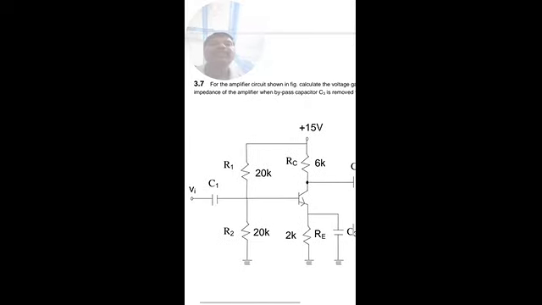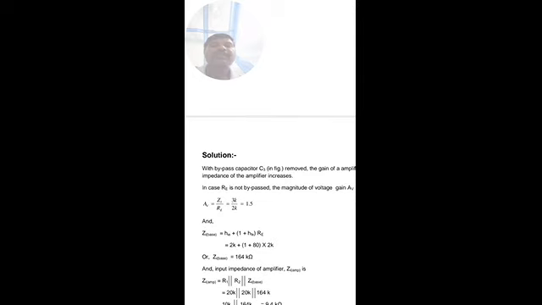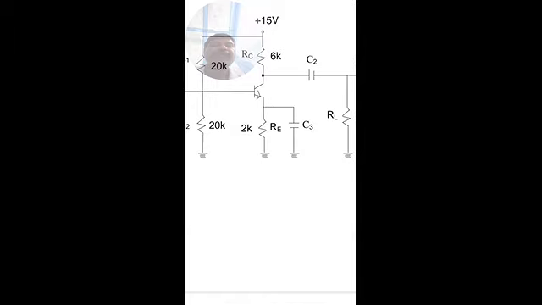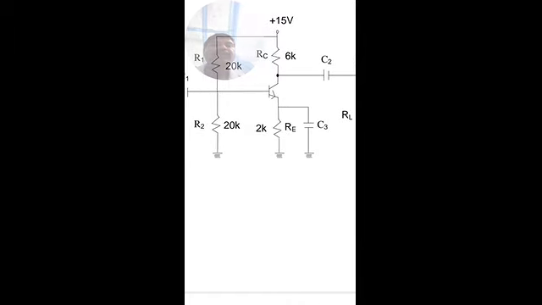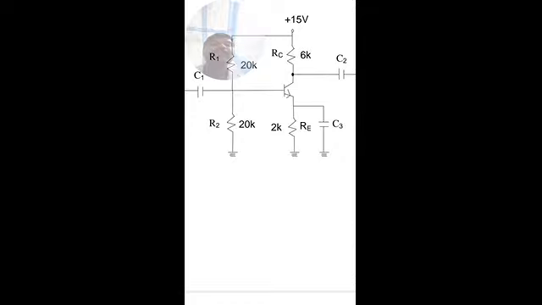Calculate the voltage gain and input impedance of the amplifier when bypass capacitor C3 is removed from the circuit. Here RE is not bypassed.